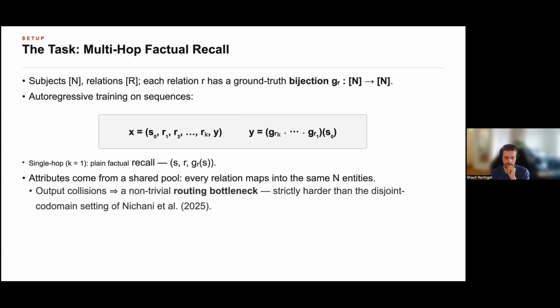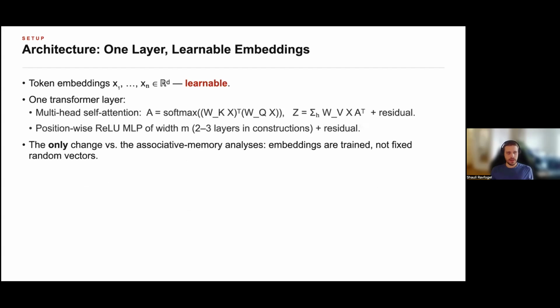Okay. Now, given this data distribution, we are going to analyze a roughly standard transformer. It's going to have either one or more than one layers. We're going to have a uniform attention, so we're making the simplifying assumption that the attention model is fixed to be uniform.